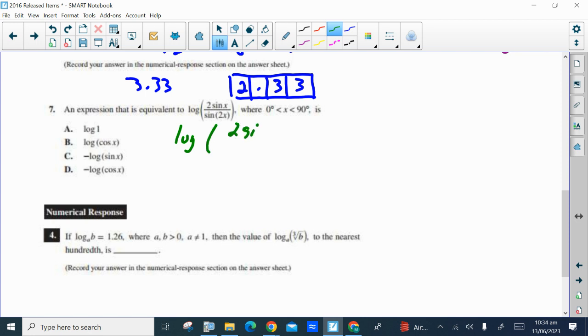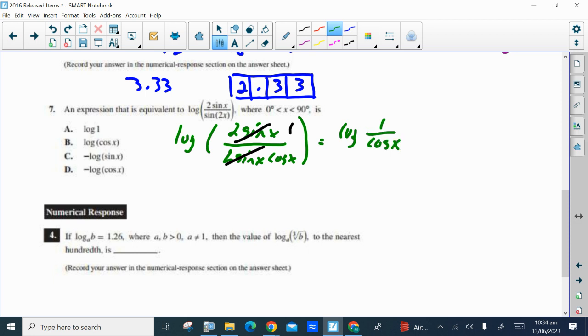So on top we have 2 sine x. On the bottom, sine 2x is 2 sine x cos x. And what happens then is that the 2 sine x's cancel. You divide top and bottom by 2 sine x, which will leave us with 1 on top. So that will give us log of 1 over cosine x.